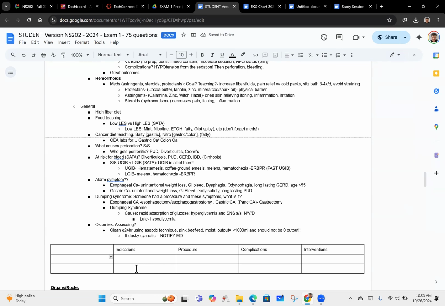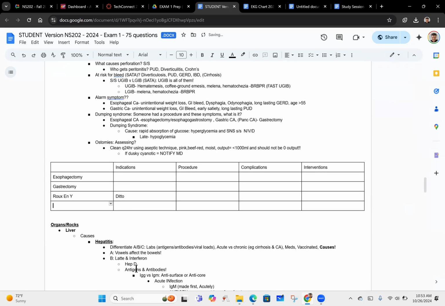So what was our first one? Esophagectomy, right? And then gastrectomy. You could put Roux-en-Y here. You say ditto, right? Because we said this stuff for gastrectomy. And then we had LNF, right? Or Nissen.